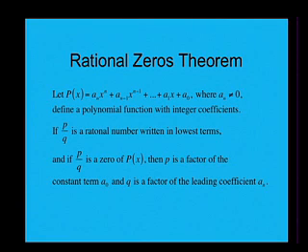And that defines a polynomial function with integer coefficients. And if p divided by q is a rational number written in lowest terms, and if p divided by q is a 0 of P of x, then p is a factor of the constant term a sub 0, and q is a factor of the leading coefficient a sub n.